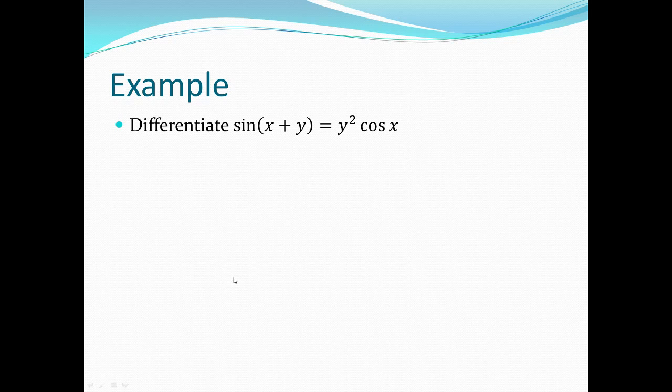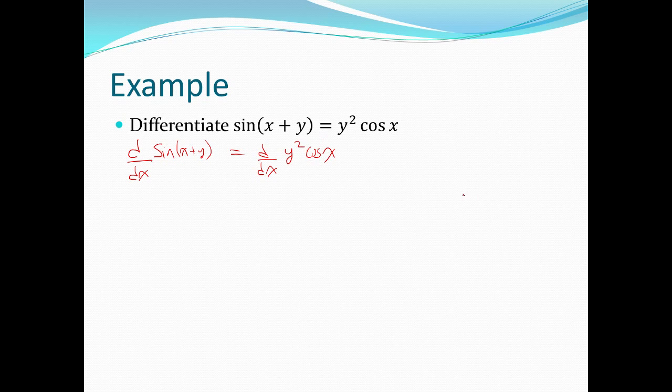Let me just copy this out. So we'll do the same thing where we take, oops. Sorry. Okay, so we'll take this and we'll differentiate it. So we'll go d by dx of sine of x plus y equals d by dx of y squared times cos x.